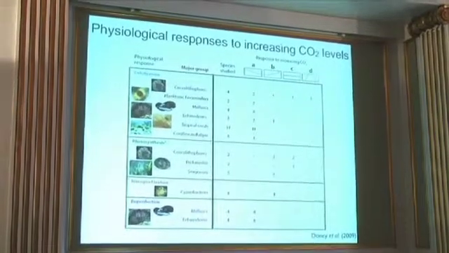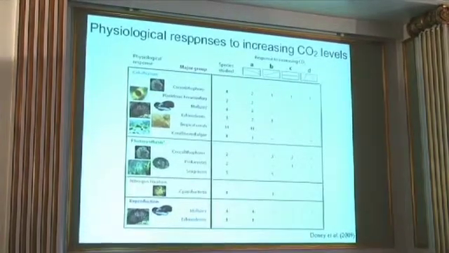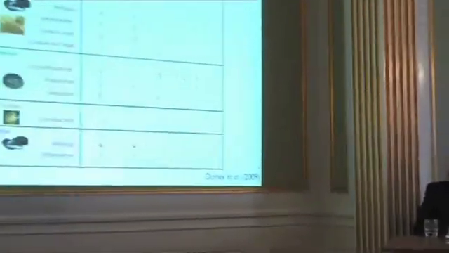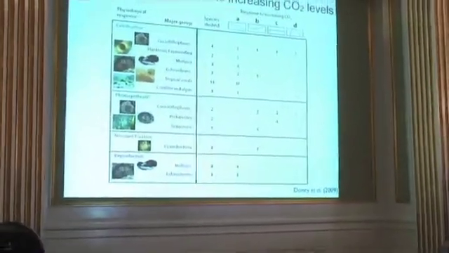This is a summary slide of all the types of responses that we see in a variety of different organisms. Up at the top, these are the 4 different responses that you might get. If you put an animal or algae or plant in high CO2, you might get a decrease in some physiological response.